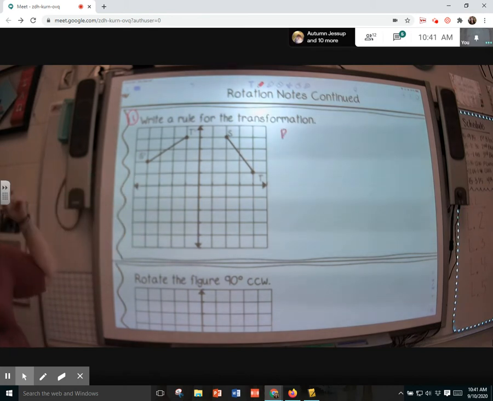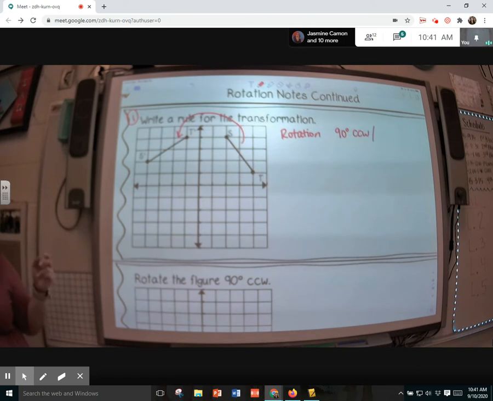It's a rotation, and it did go 90 degrees. Counterclockwise. Or you could have written 270 clockwise. Either one of those would be correct, and I would count both of those.